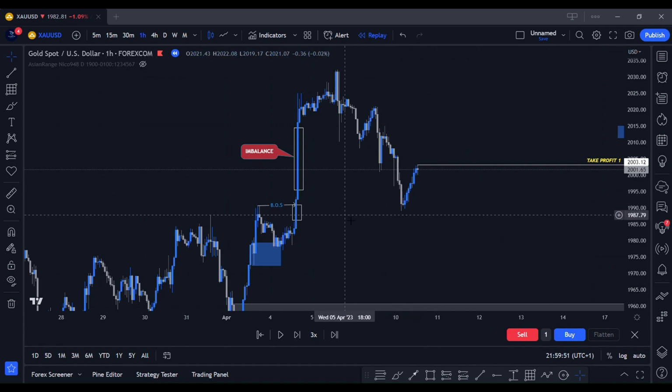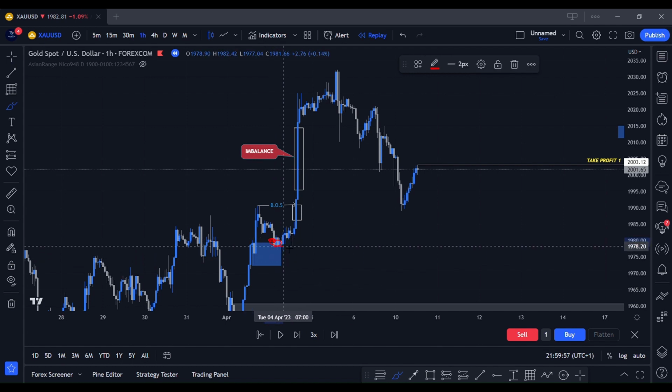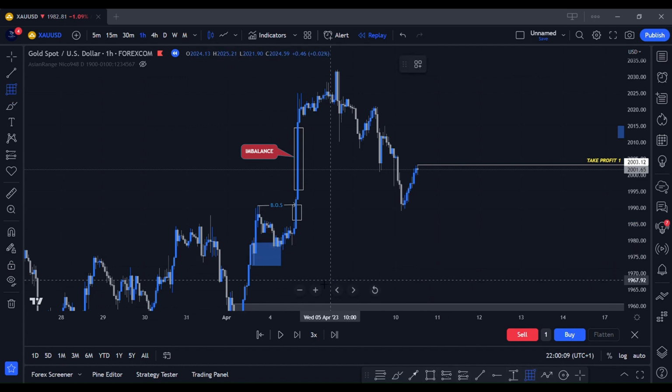By looking at it, we can see that price has already mitigated this area here, because this order block has been mitigated, meaning that we need to find another area that we can use as a reference point, as a demand area, from which price can push.